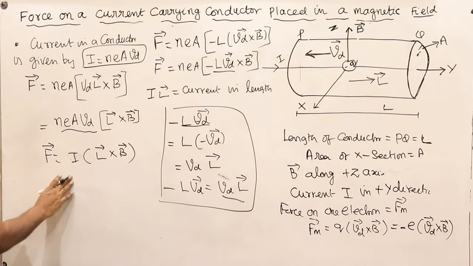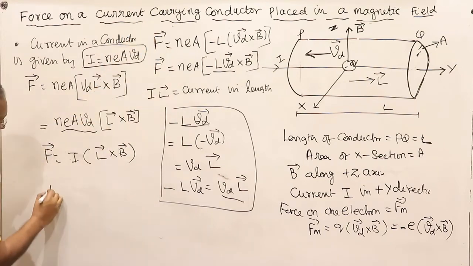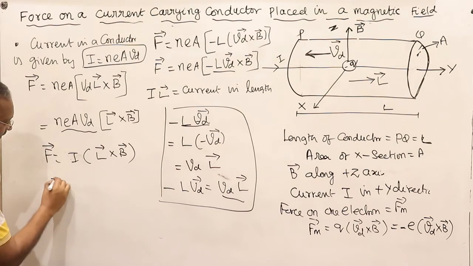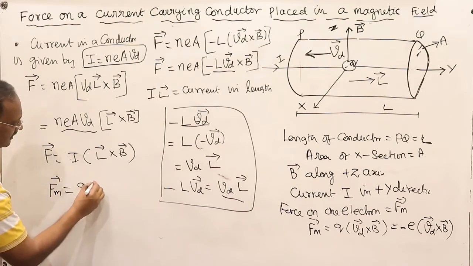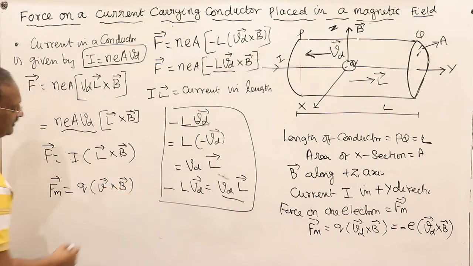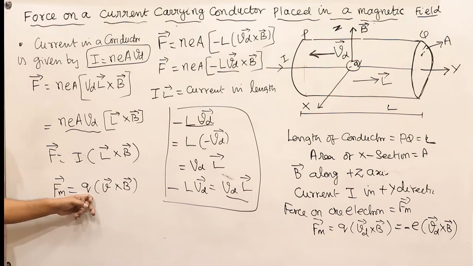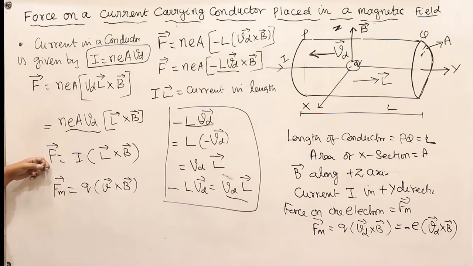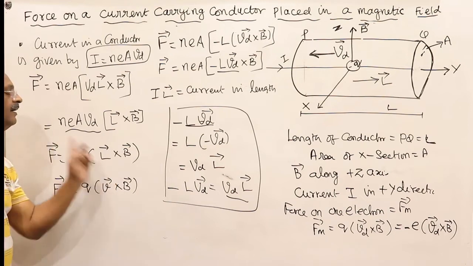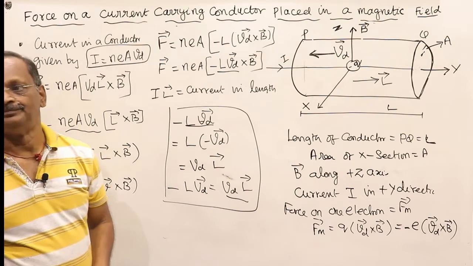So this is for a current carrying conductor, and the normal magnetic force on a charge is, there are two types of force. First, this is the magnetic force exerted on the charge. This is the magnetic force exerted on the conductor of length L when placed in a magnetic field.